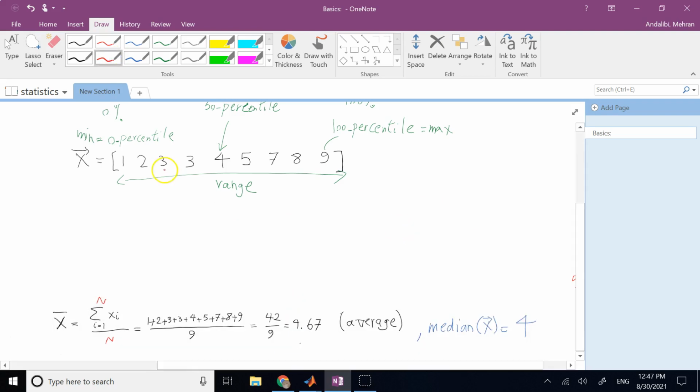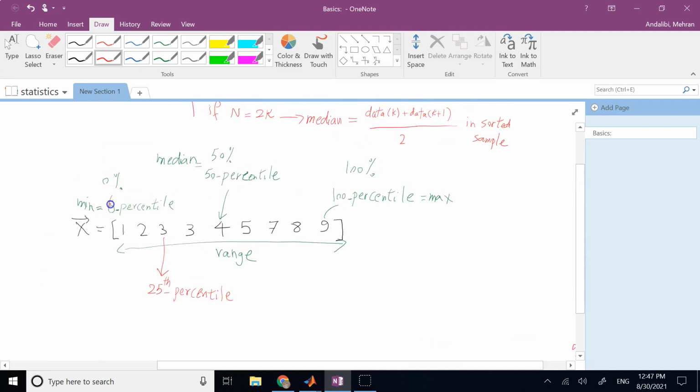So I can say this data here, which is between 1 and 4, is my 25th percentile. So this is the 0th percentile, this is the 50th percentile, this is the 100th percentile. And this data is the 75th percentile. So I can define different percentiles for different locations.